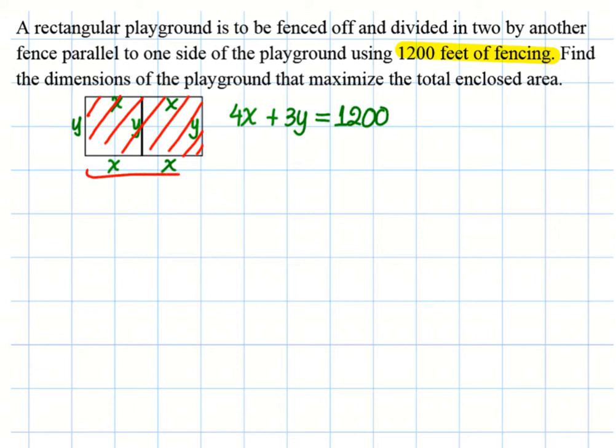One side is 2x, the other side is y. So the area is equal to length times width, and this is to be maximized.